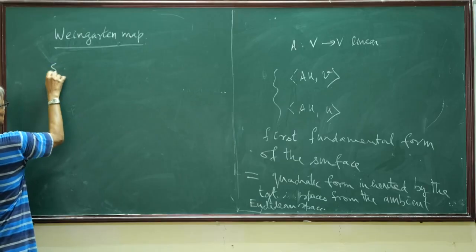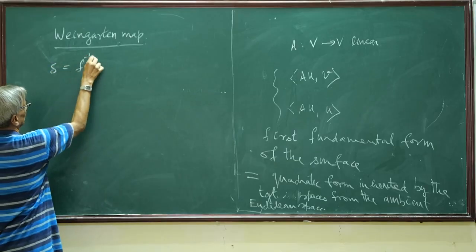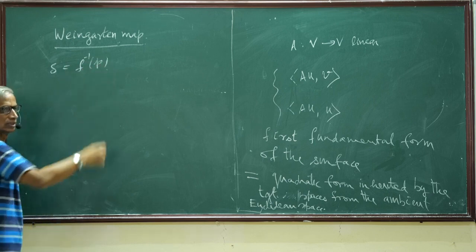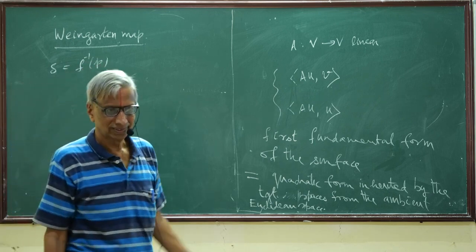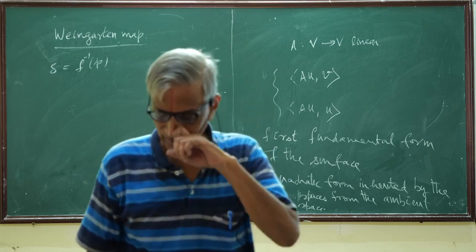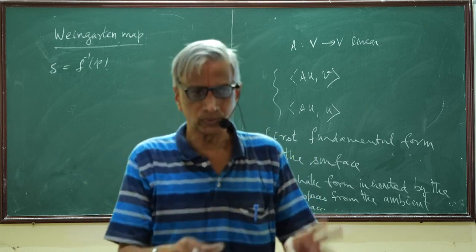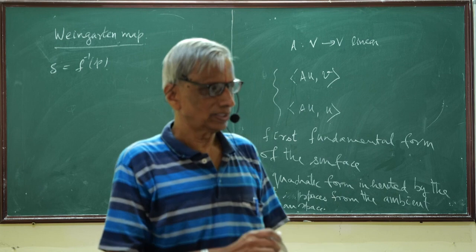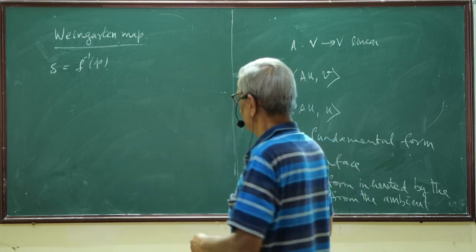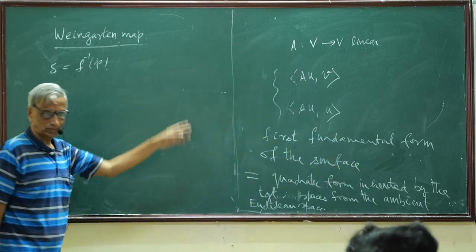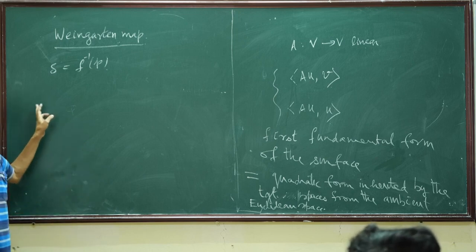So take a surface, okay, with all the usual attachments. F is a function from U to R, and so on and so forth, smooth with non-zero gradient, and all those things.